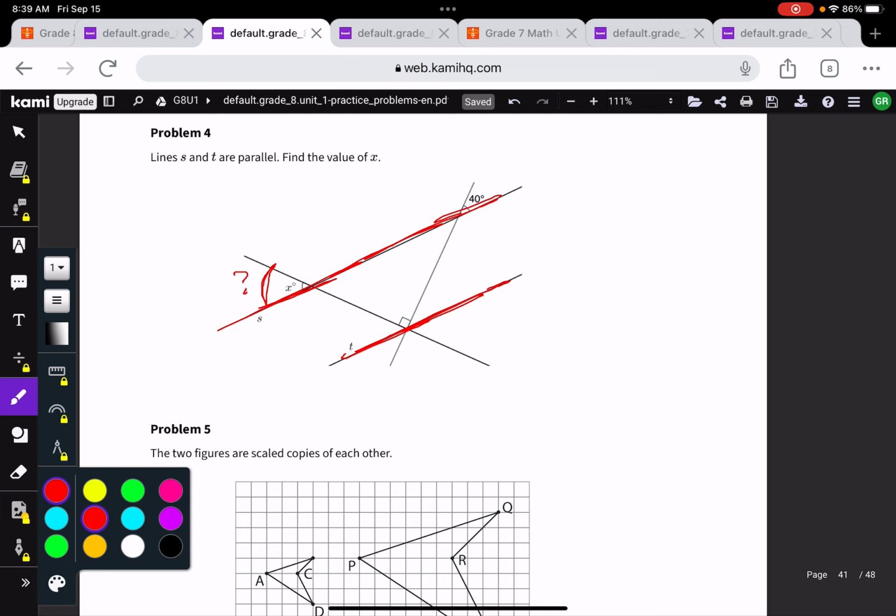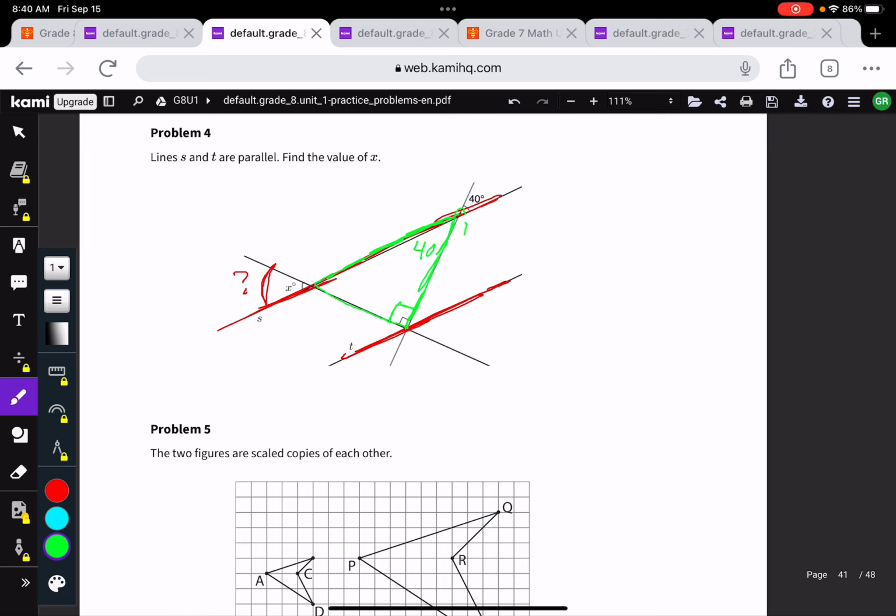This one's a little trickier. I will give you a clue here. There is a triangle right here. This triangle, I do know what 2 of those angles are. One of them is 90, and the other is 40.